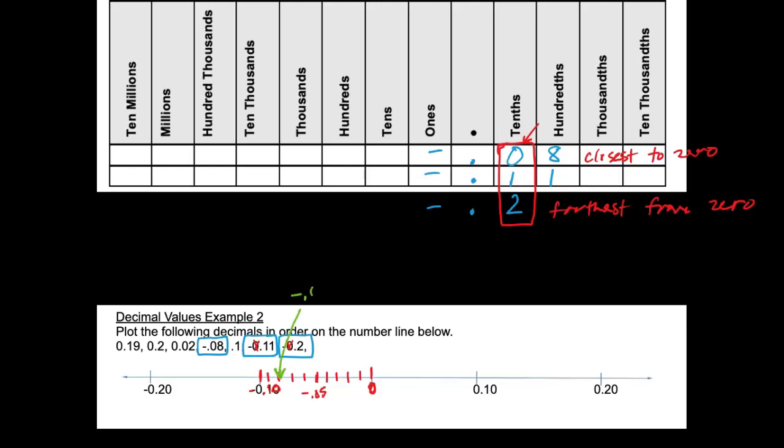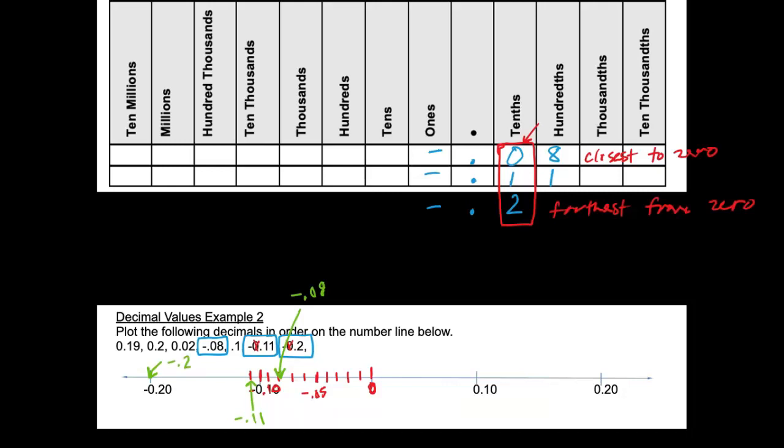Negative 0.11 would be 1 tick mark after negative 0.10, so that's going to go right about here. And negative 0.2 is already marked right here. Negative 0.2 is the same thing as negative 0.20, so it shows up right there.